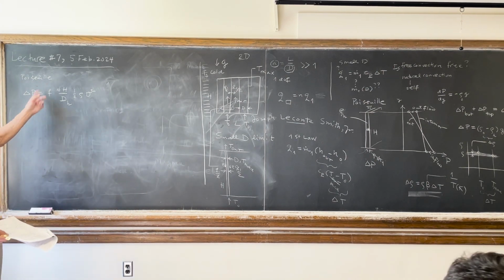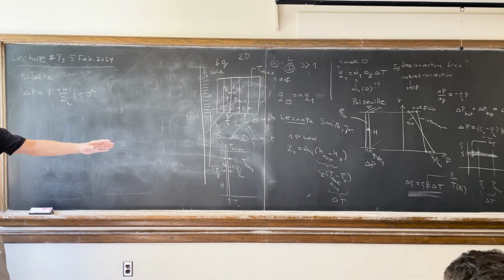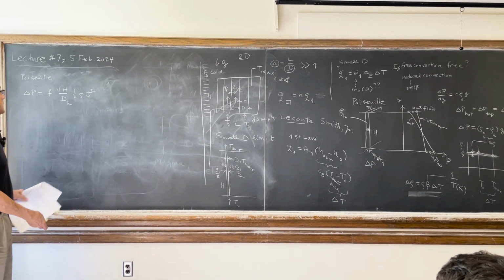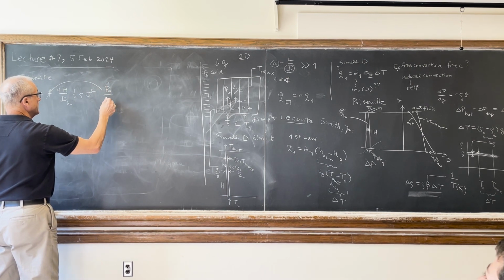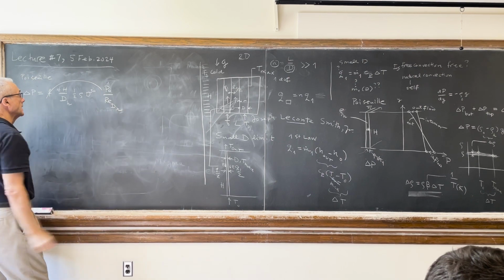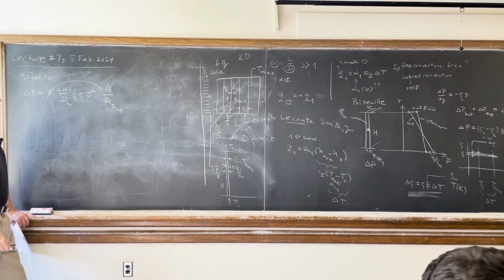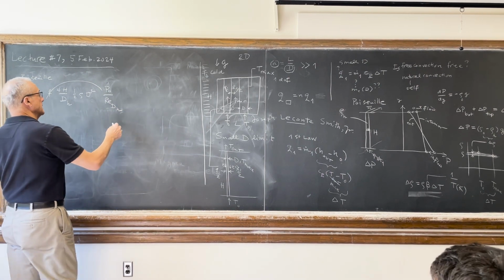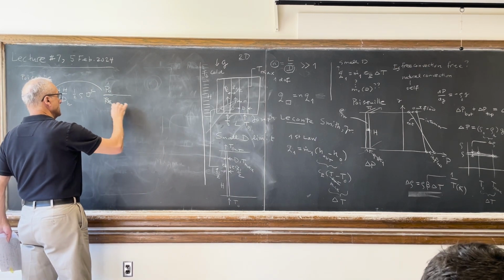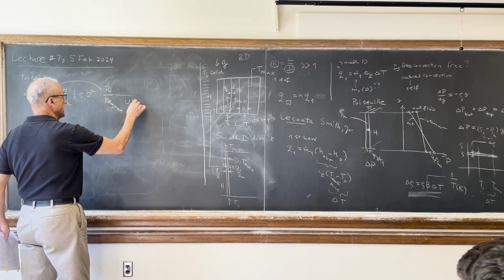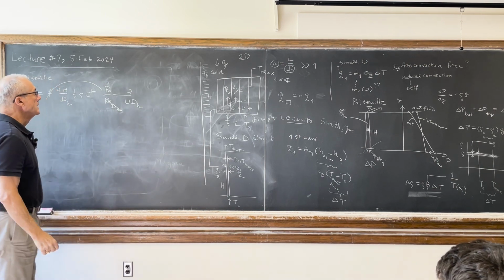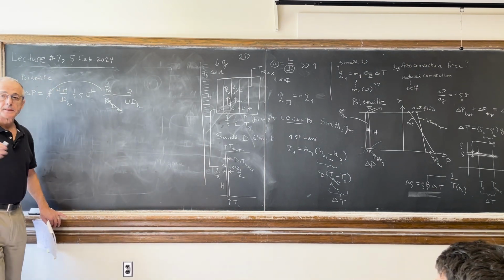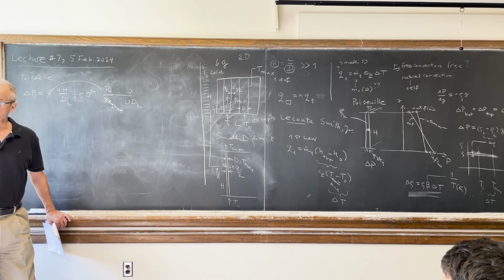But we have a fully developed laminar flow, so that means f is a Poiseuille number divided by the Reynolds number based on hydraulic diameter. So that's one substitution. The Reynolds number is U dH divided by mu. The Poiseuille constant for a slit is 24.